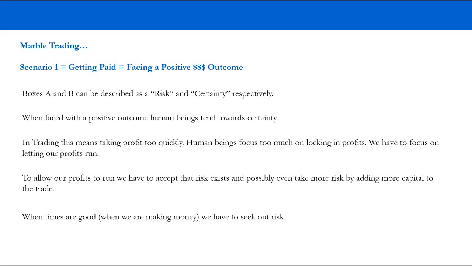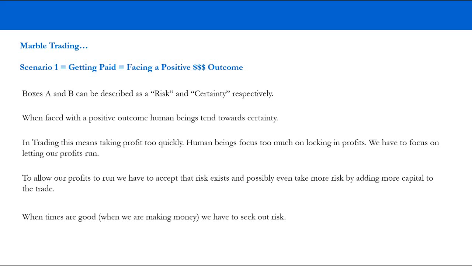Human beings will always focus on locking in profits very quickly. So when you have a winning position in your portfolio, we take the profits, because now we think it's guaranteed to make money, so we lock it in quickly. And what we actually have to focus on is the opposite, because that in itself is just being human.